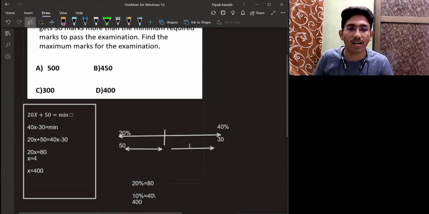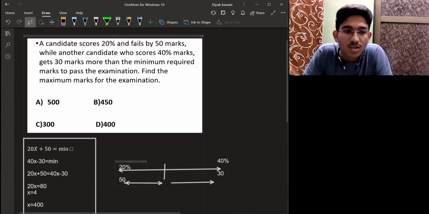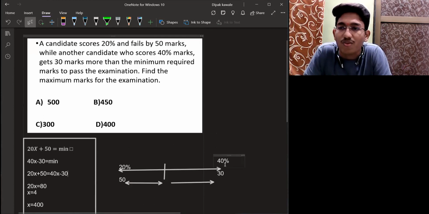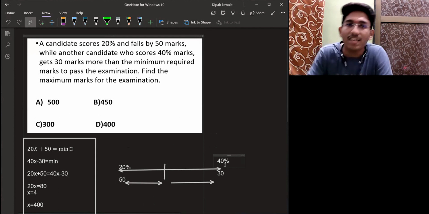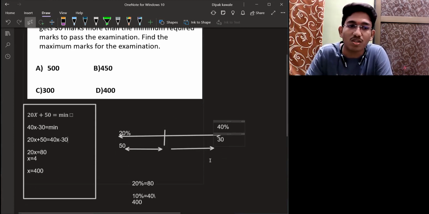I will repeat. A student having 20% fails by 50 marks, a student having 40% has 30 marks more than the minimum. So I am finding the distance between 20% and 40%. The distance between 20% and 40% is 80 because 50 plus 30. 50, why?